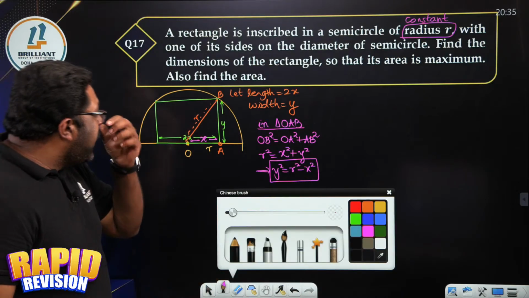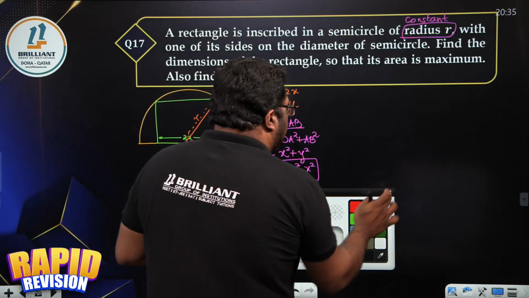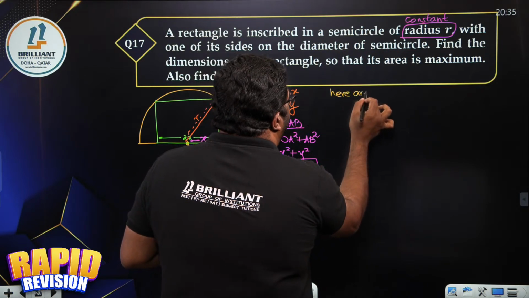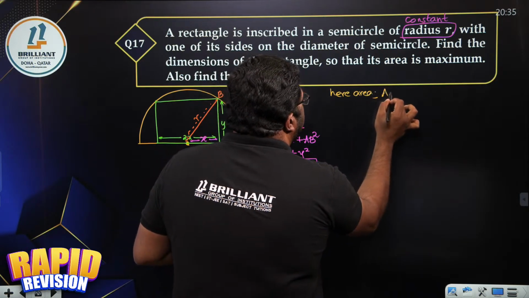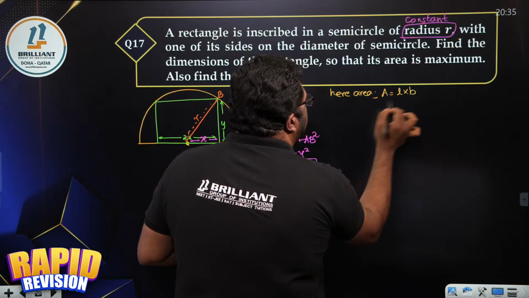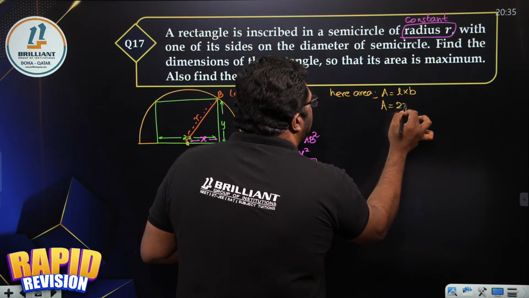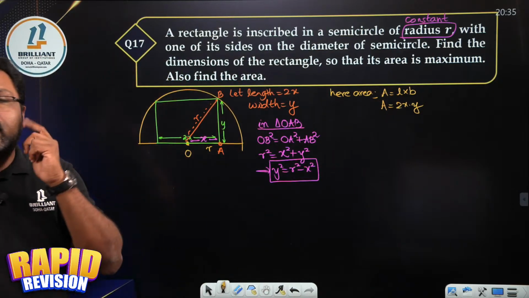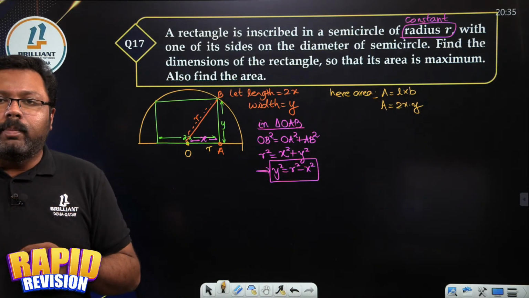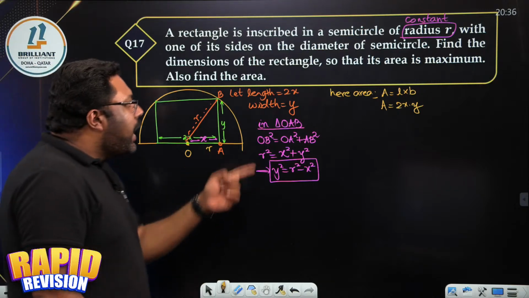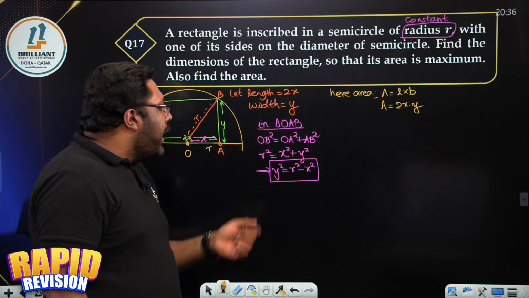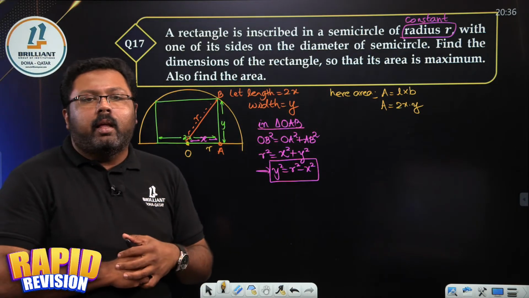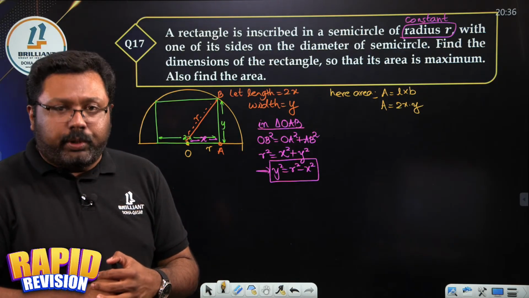Now they're trying to find the area of the rectangle. Here, area A is equal to length into breadth. Length is 2x, breadth is y. I have an expression which has two unknown variables, x and y. But I cannot substitute y here because I got y squared, and if I try to substitute y, it will become a square root.